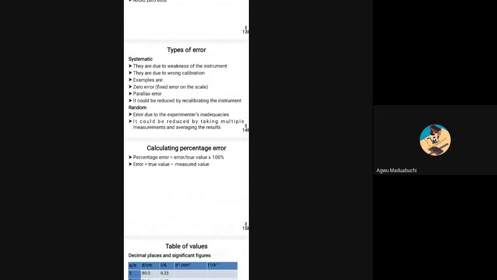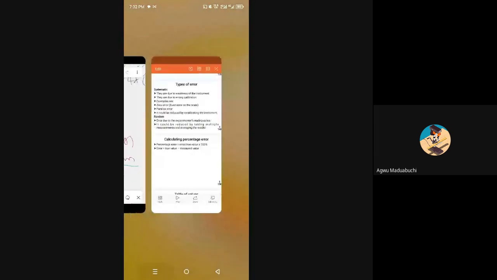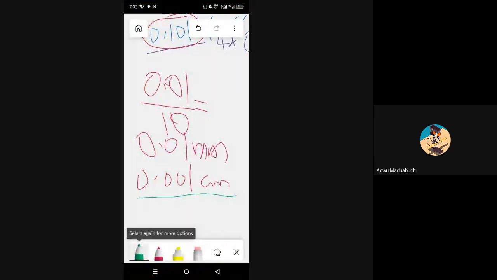Then error due to the experimental inadequacies: maybe when you are supposed to stop the stopwatch, you were still talking, or you started the stopwatch before the oscillation was completed. Those ones you can reduce by taking multiple measurements. If they ask you to record time for 10 oscillations, you do it 3 times.